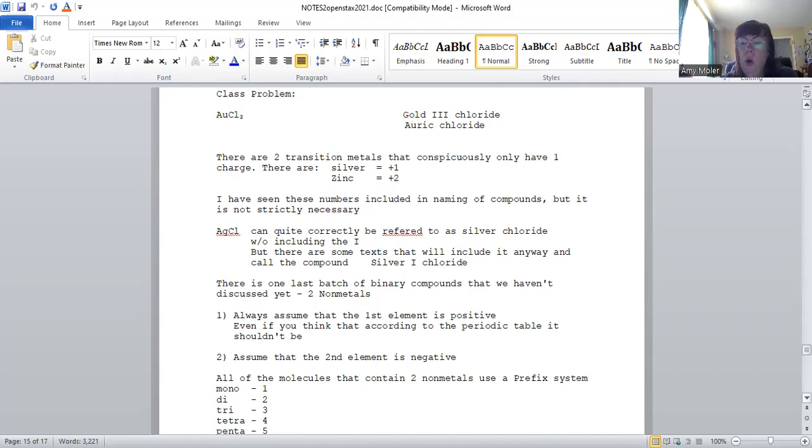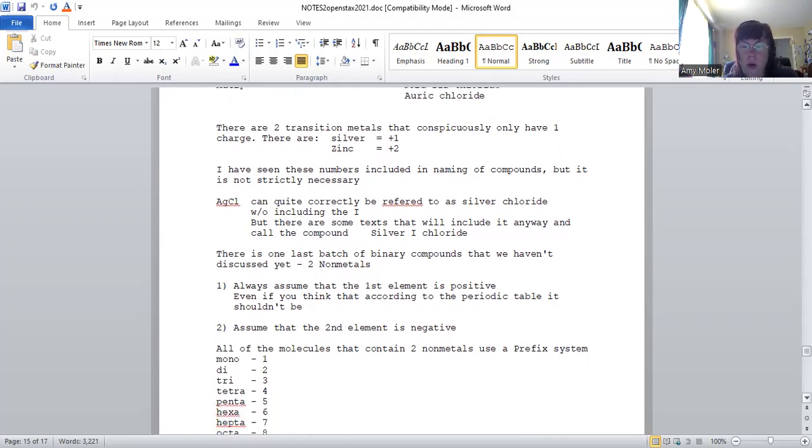However, you will often see textbooks keeping along with the same path of putting the Roman numeral in even though there is not another option. If you have AgCl, sometimes you'll just see it referred to as silver chloride, but most of the more recent textbooks throw that number 1 in there, even though there is no other option for silver.